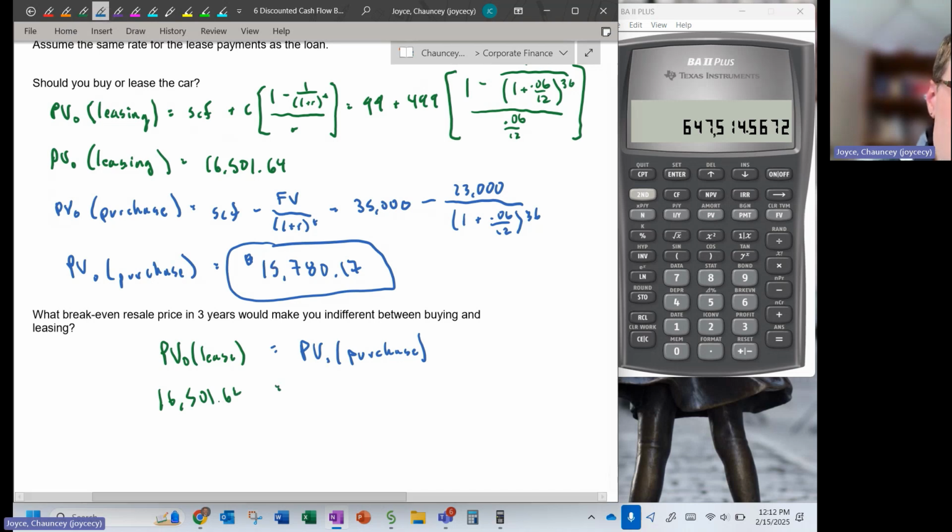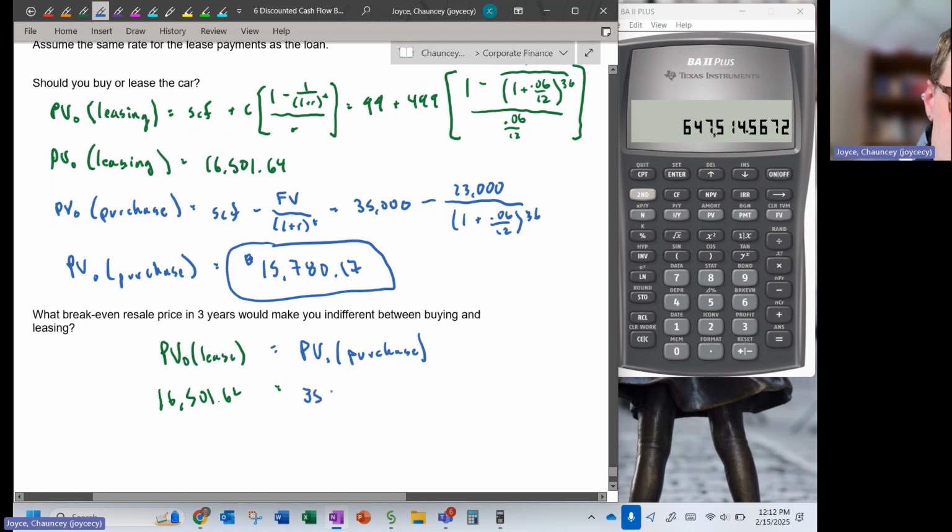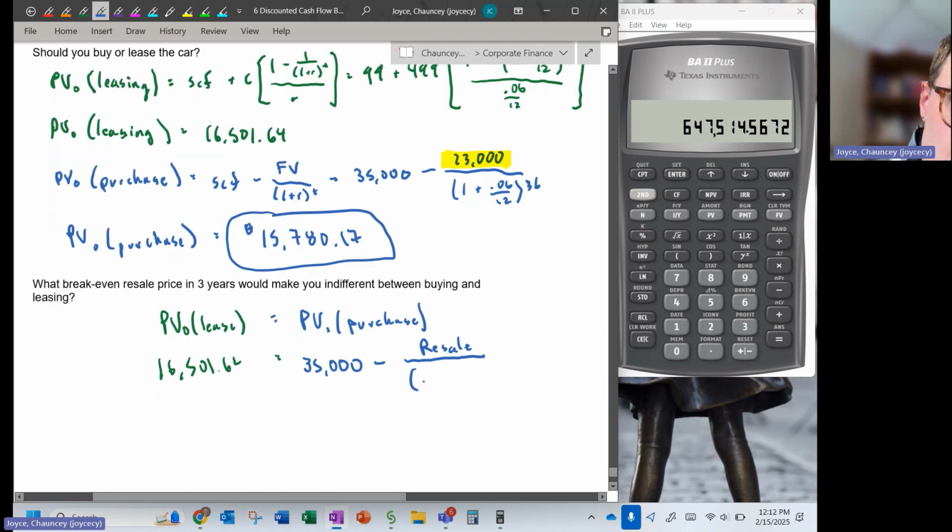Well, the purchase included a cost of $35,000 today that was reduced by being able to resell the vehicle. So the resale price is what we're looking for. So I'll just call that resale. That's the piece in the numerator up here. The only piece we're changing in this new equation is that 23,000, and we're just solving for X, or what I call resale. That's 1 with R, so that's 1 with 0.06 over 12. That's your rate per month to 36 months.